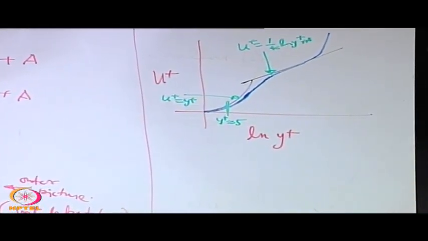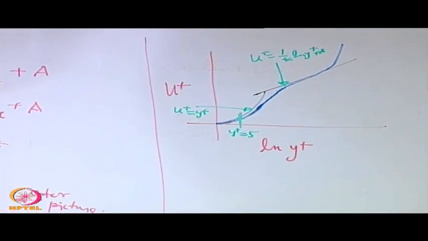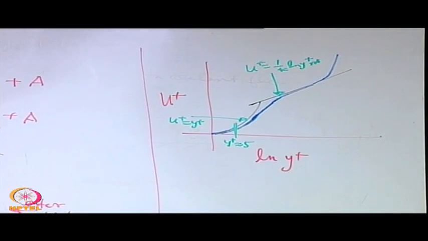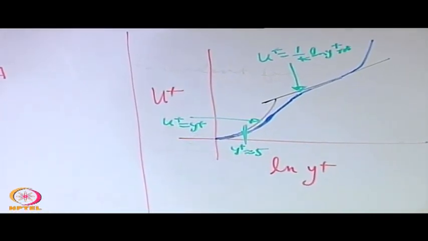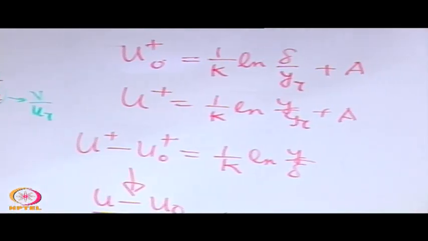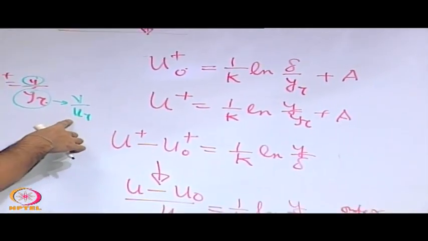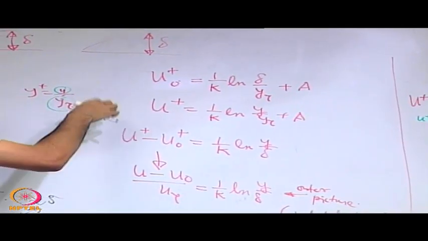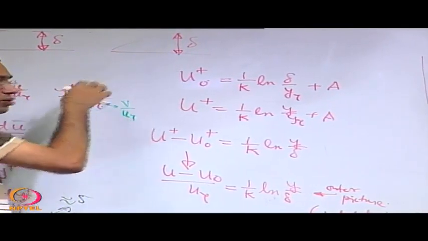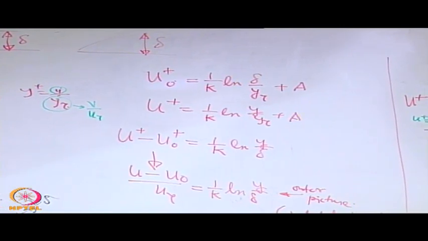So, what is y plus doing? See, y is a region very small close to the wall, but what is y tau? Y tau is nu by u tau. Nu is very small, u tau let us say, nu is 10 to the power minus 6 meter square per second and u tau is like 1 meter per second as an example.